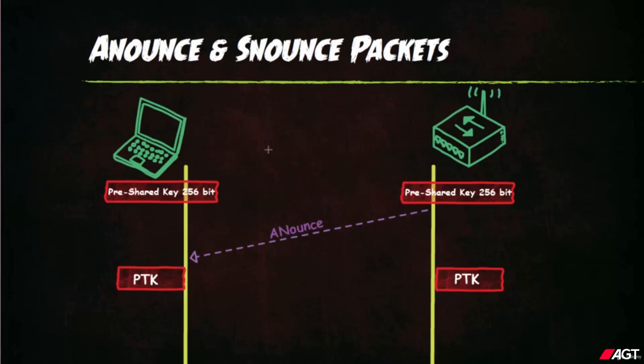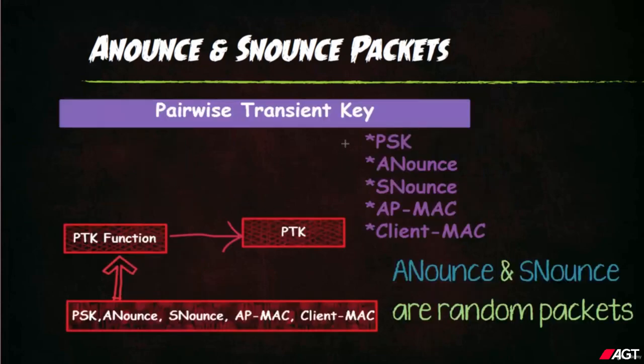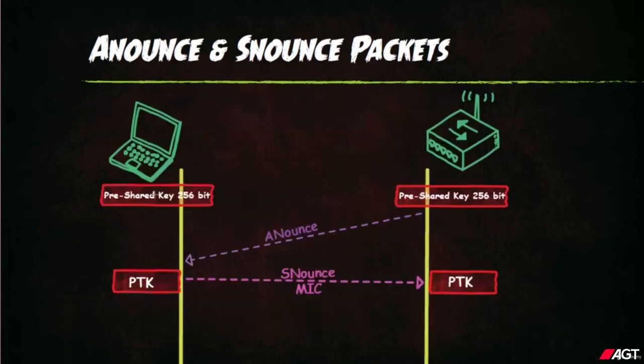After that, the ANonce packet is sent from the access point to the client. And based on this pre-shared key, ANonce, SNonce, access point MAC address and client MAC address, the PTK is generated, right? So the client has generated its PTK.